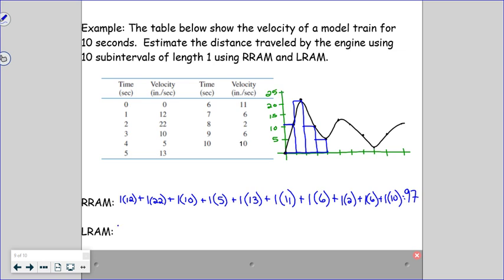The base is still going to be 1, and then I'm going to use all of those except for the last one, because the last one will never be the left-hand side of a rectangle. Okay, what are we getting this time?